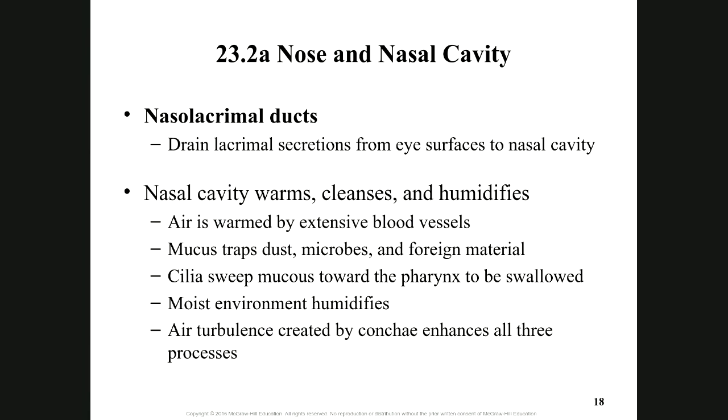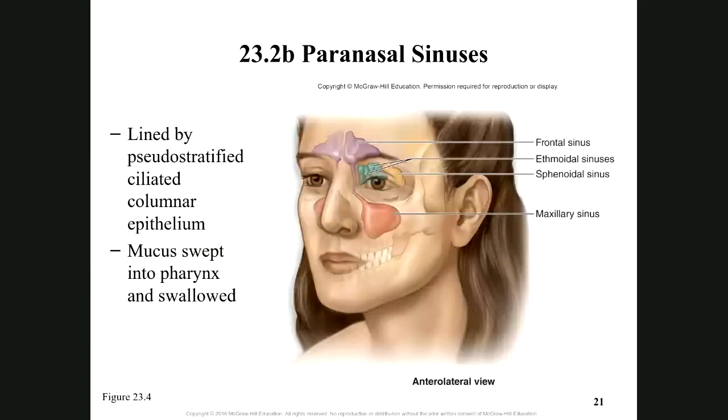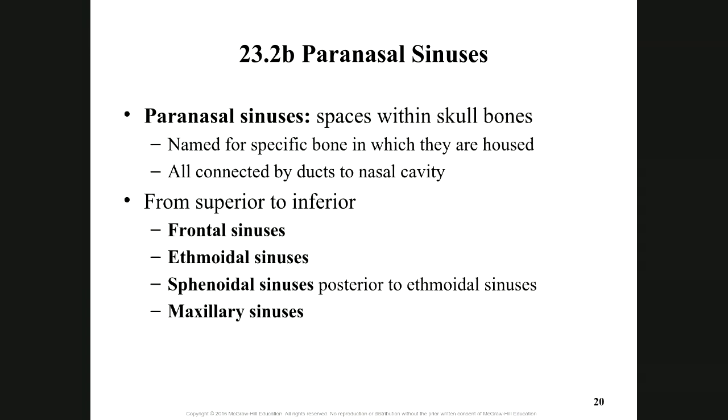Also, we have a duct which we call the nasolacrimal duct. I want to show you the nasolacrimal duct. In this picture, I don't have the nasolacrimal duct here to show you.